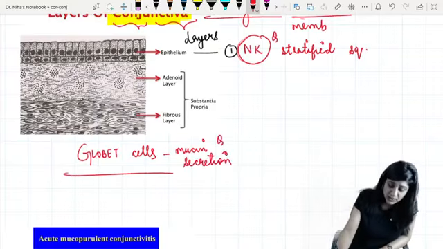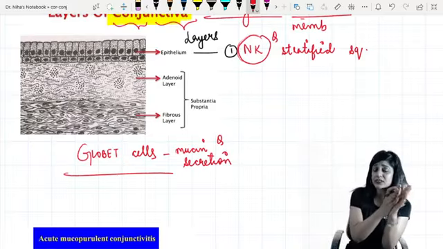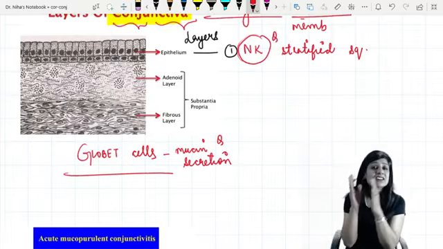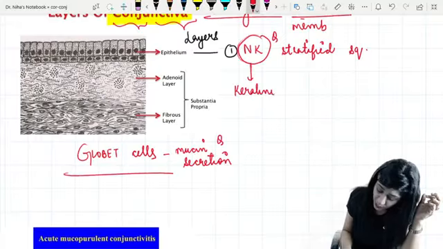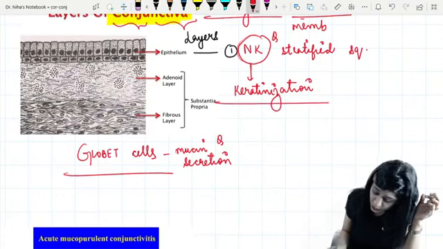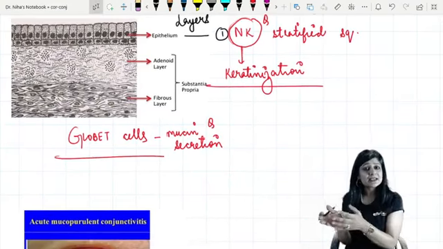Now that means if something goes wrong with these goblet cells, there will be no mucin secretion, in the conjunctiva as well as the cornea. Therefore, there will be keratinization of the epithelium, or we can say there is a metaplasia.